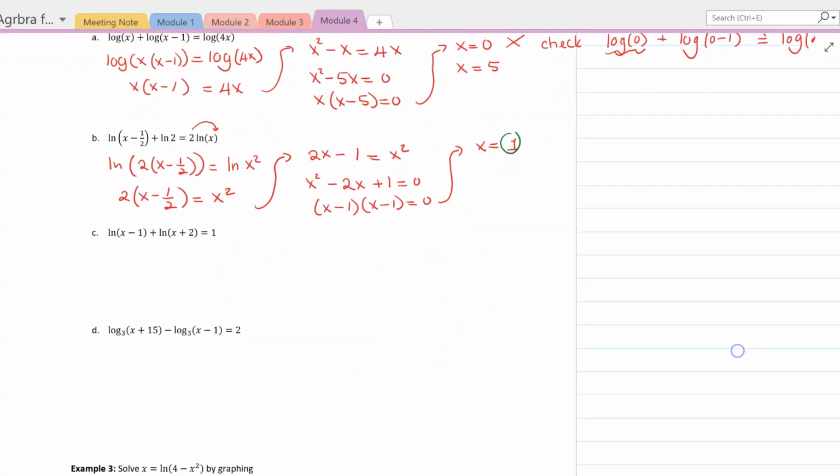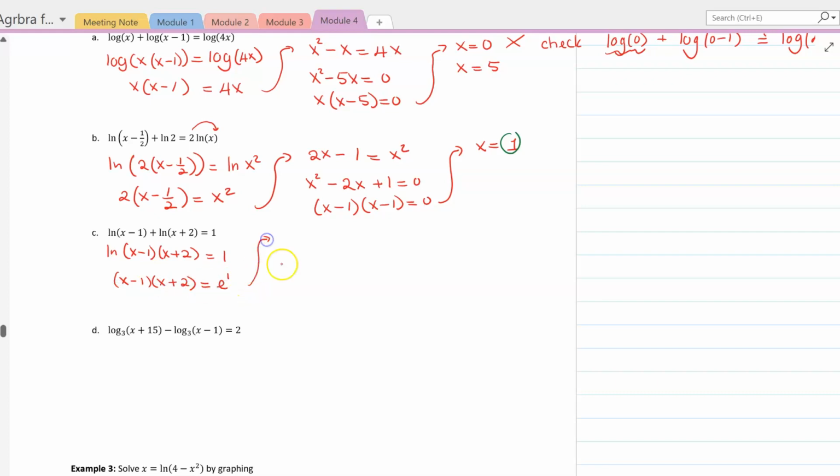In the next one, I can write this as ln of x minus 1 times x plus 2 equals 1. I will use the fact that I can rewrite log as an exponent to write this as x minus 1 times x plus 2 equals e to the first.